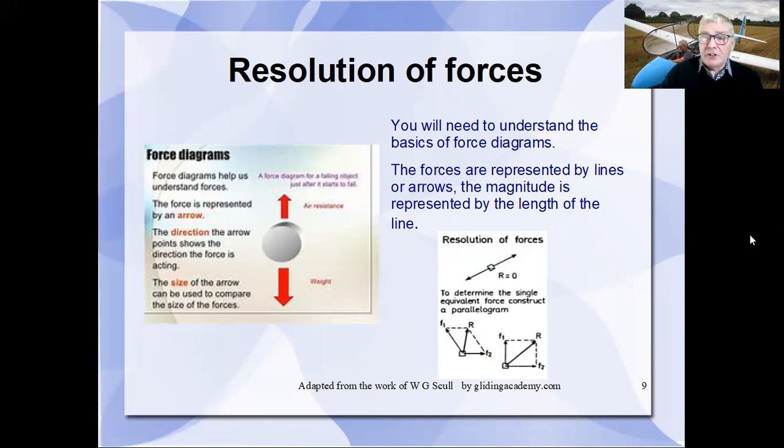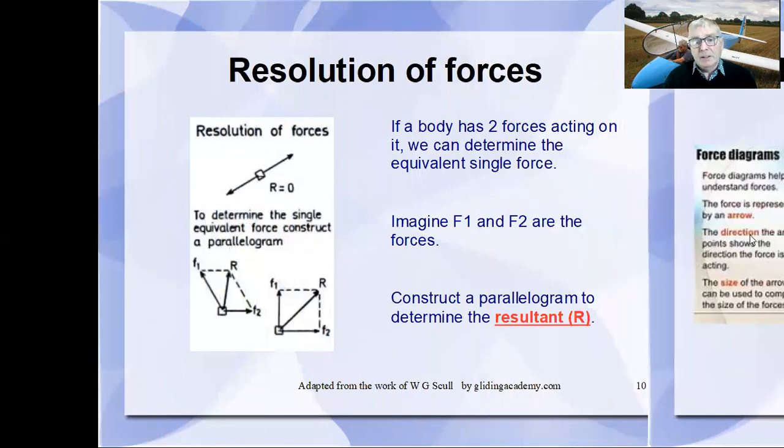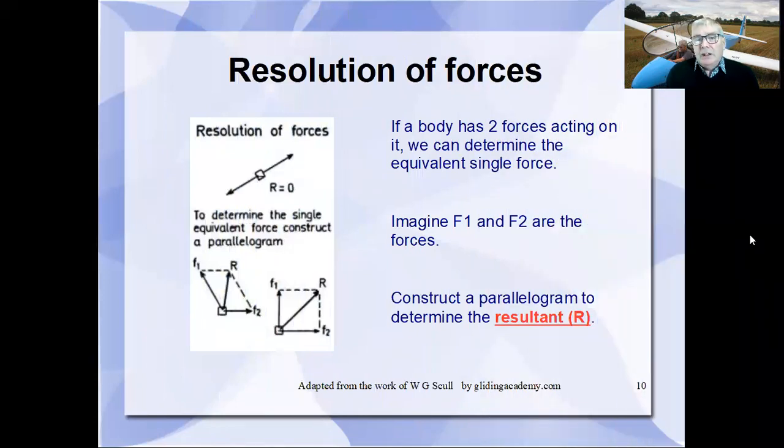So if I just move on to the next slide, a body that's being affected by forces can have more than one force acting on it. And when that happens, we can resolve those forces into one resultant force.